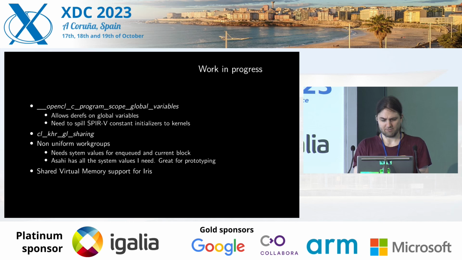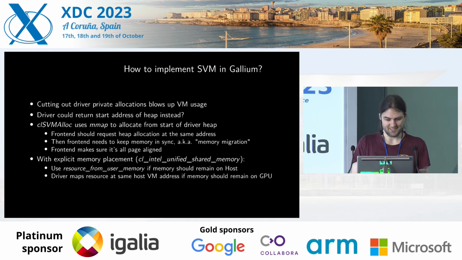And I've also prototyped shared virtual memory in case there is no kernel support for it, for the Iris driver. I gave it some thought on how one would actually implement this.